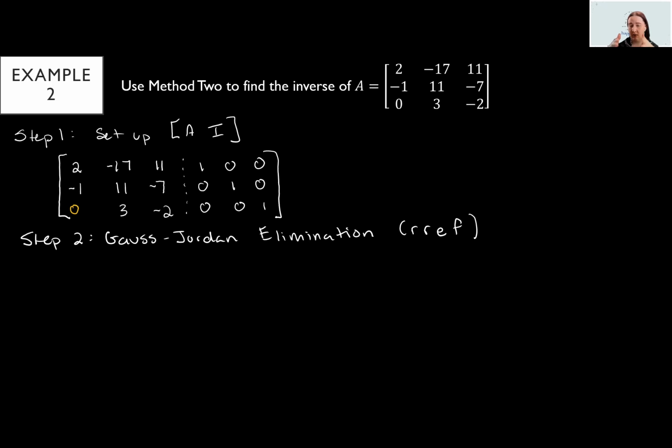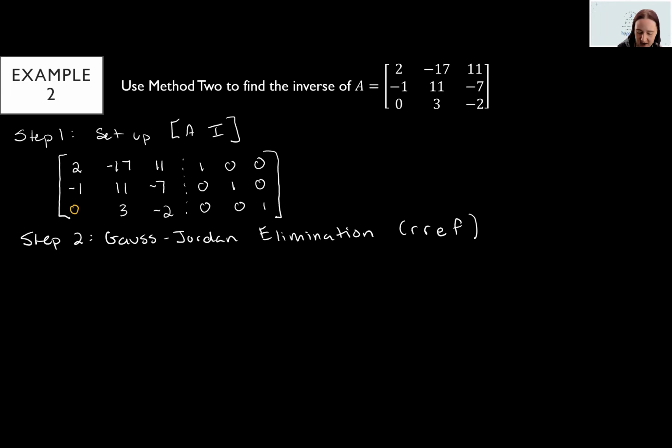Then I move on to the second column and get my zeros there, and then my 1. Then I move on to the third column and get my zeros, and then my 1. I do it in a very organized manner so you don't get lost. This is my method. This is what I do. So I always start by trying to get the 0 in the bottom left corner, which we've already got.